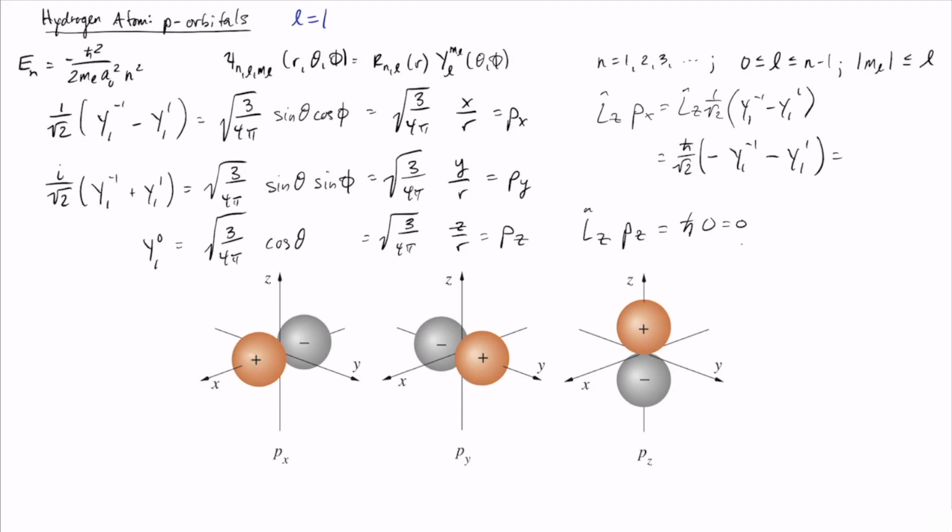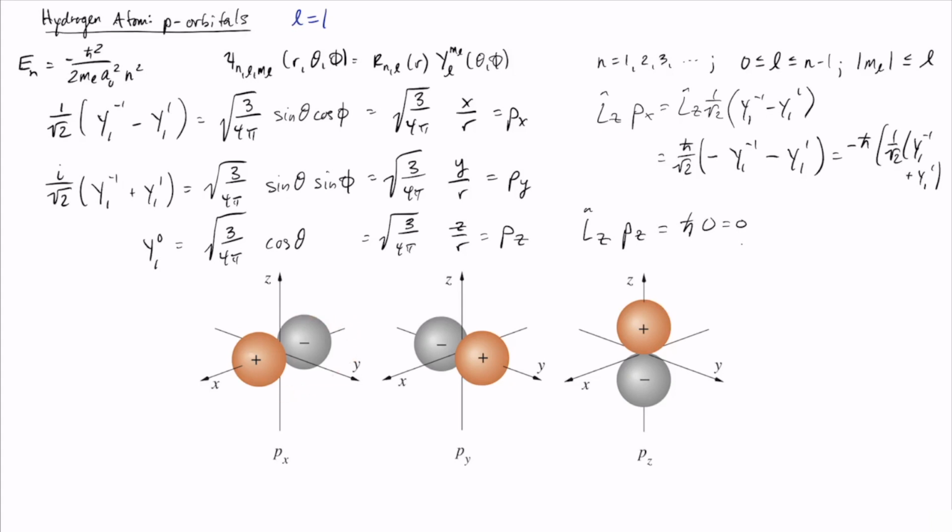So this is equal to minus h bar times 1 over root 2 times Y_1,-1 plus Y_1,1. And now this term here is not the same thing as up here. And so this tells you that px and py are no longer eigenfunctions of Lz.